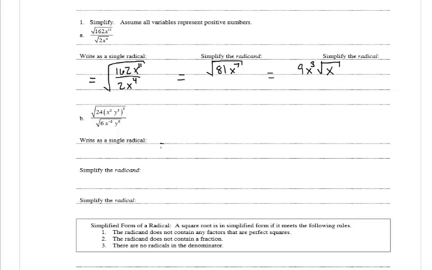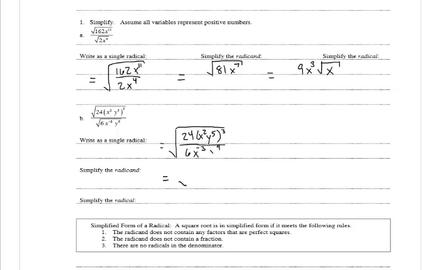So this is equal to the square root of 24 x squared y to the 5th, both cubed, all divided by 6x to the negative 3 y to the 9th. Now it wants us to simplify the radicand.